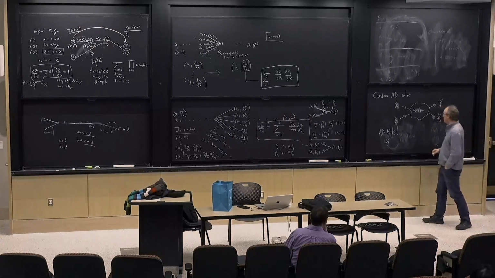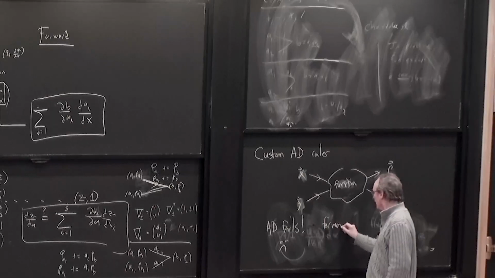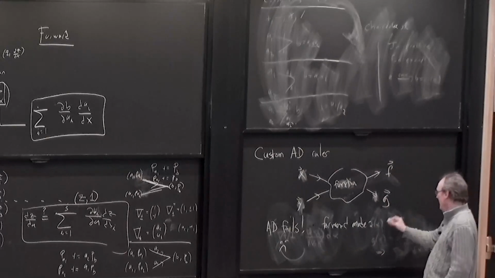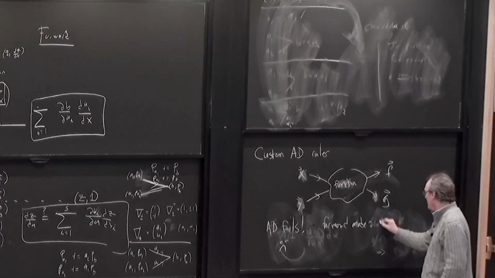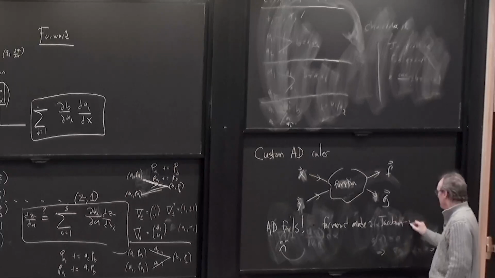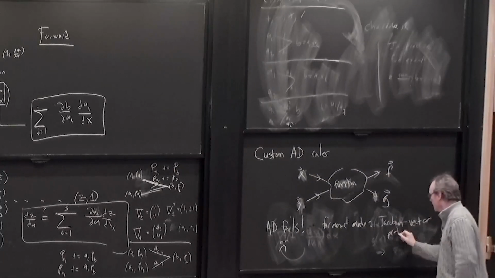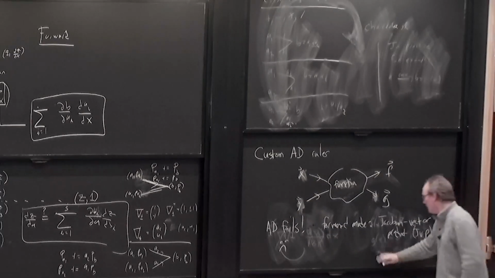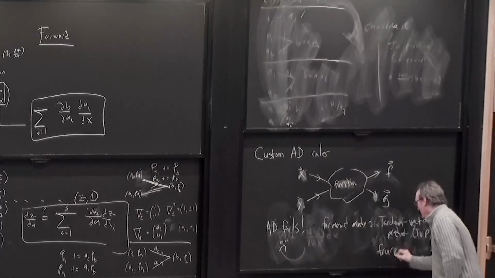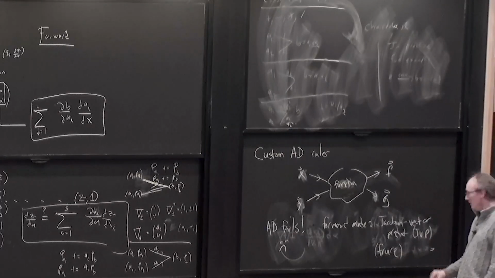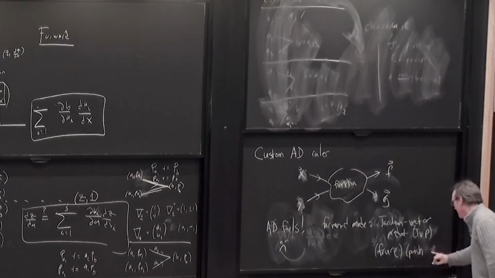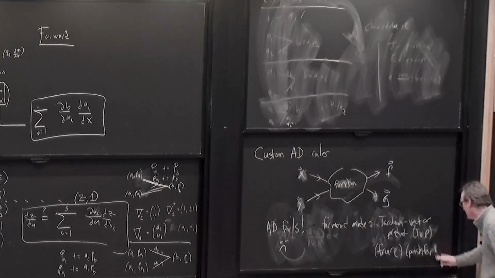So if you're doing forward mode, what you have to do is supply a thing that computes basically a Jacobian vector product, or a JVP. It's also called an F rule. In chain rules, it's also called a push forward, a terminology that comes from differential geometry.